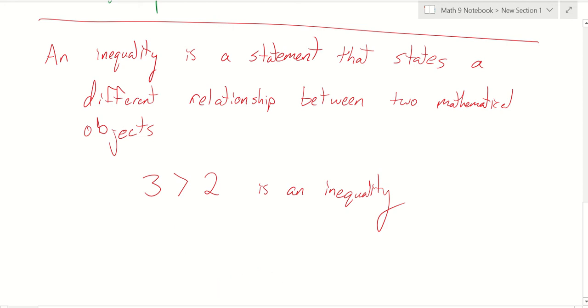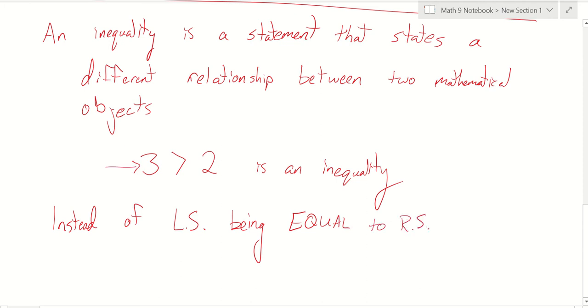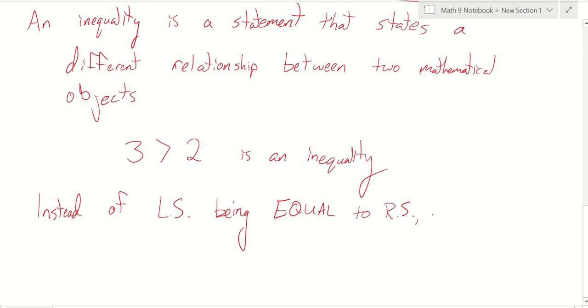So for inequalities, instead of the left-hand side being equal to the right-hand side of your statement, this is the left-hand side and this is the right-hand side, in this particular case the left-hand side is actually greater, or larger, than the right-hand side.